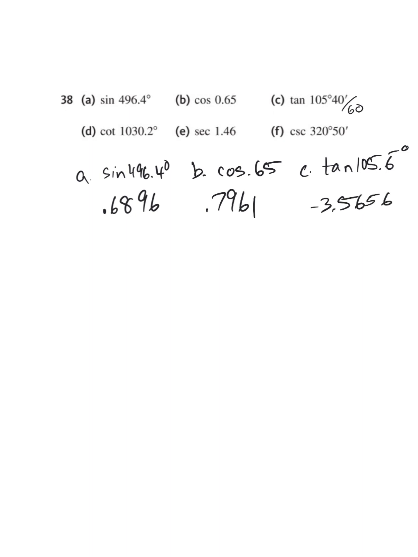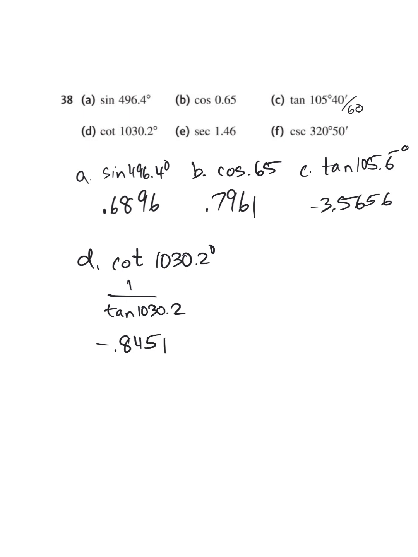And now let's go to D, cotangent of 1030.2 degrees. We're already in degree mode, but we need to do tangent, so we're going to do 1 over tangent of 1030.2. Do the tangent of 1030.2, and then hit your 1 over x key, and that is negative 0.8451.